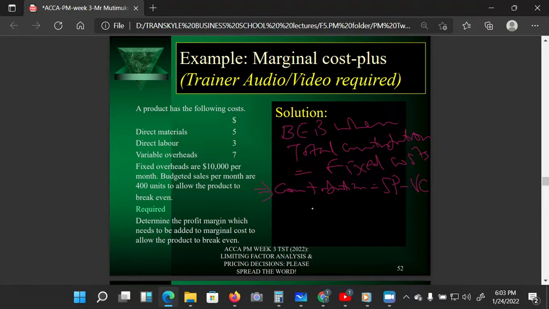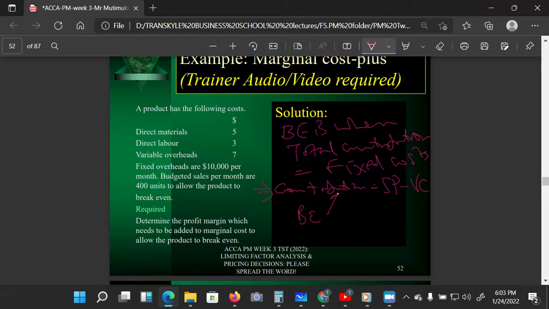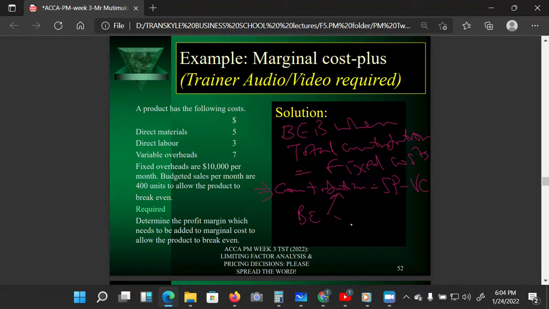Now we are saying that BE, the break-even point, is when this contribution equals fixed costs, which means there is neither a loss nor a profit.